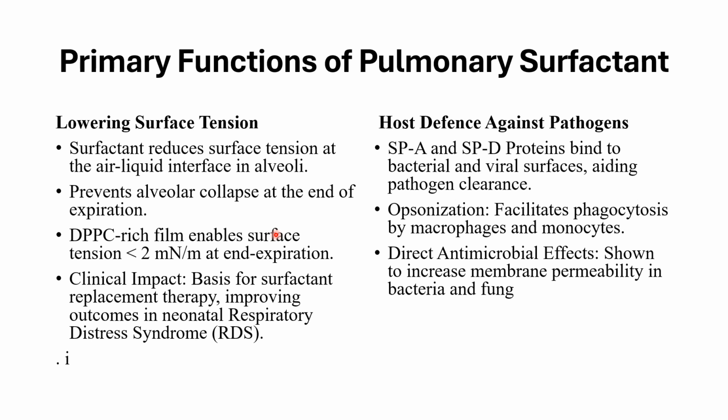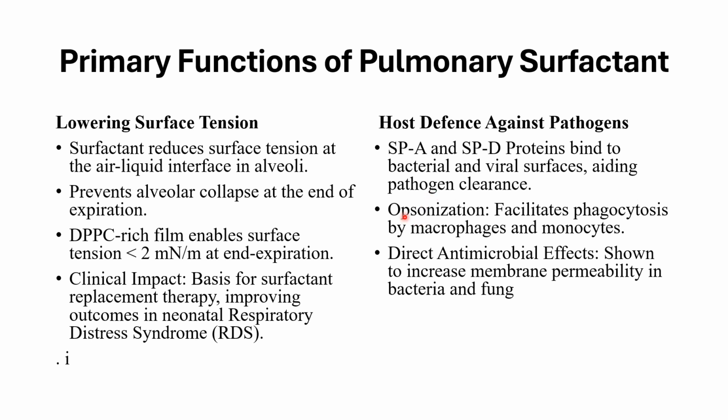So this is very important. That's why the newborn children, but even us adults, require surfactant in our lungs to prevent this surface tension. Also, the proteins, as we said, can help in host defense by binding to bacteria and viral surfaces, and this binding helps the macrophages and other immune cells to clear the pathogens.